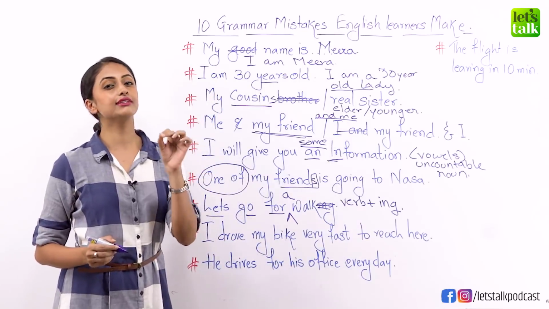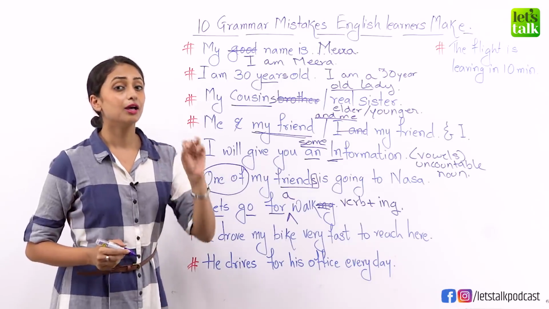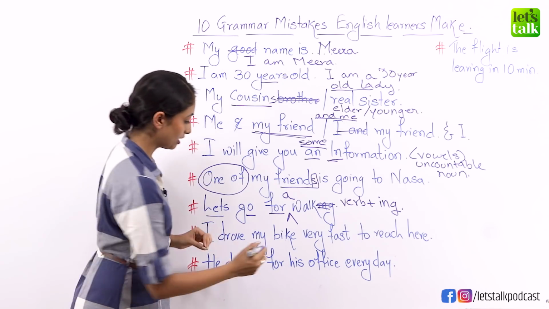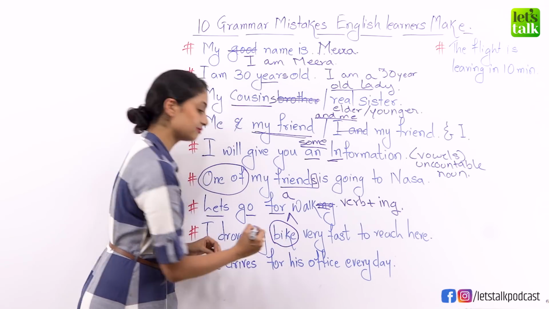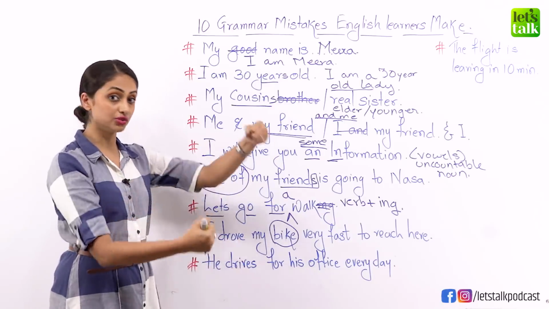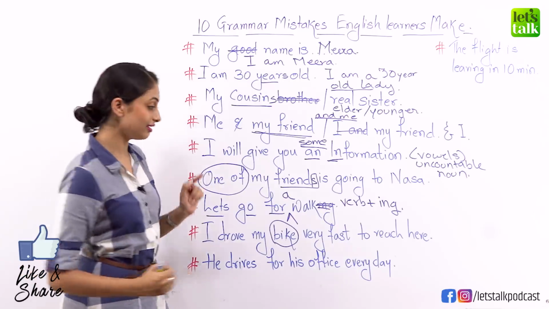Now you are seriously doubting if I'm saying the right thing. But I am, because a very tiny mistake. Bike is always ridden, not driven. And that is how this sentence becomes incorrect.